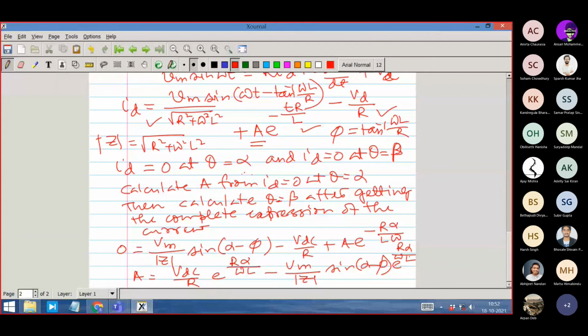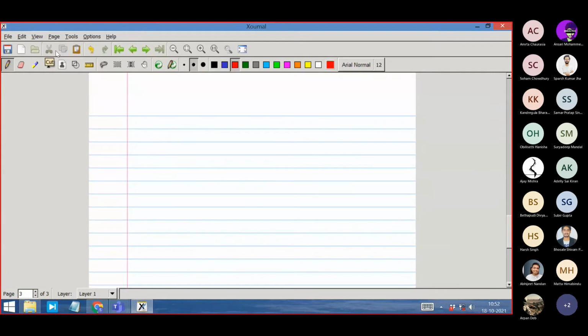Now I put that expression into the basic current expression. ID is equal to Vm by mod Z, I am just writing it again, sine omega t minus phi minus VDC by r plus VDC by r minus Vm by Z sine of alpha minus phi, whole into e to the power r alpha by omega L into e to the power minus r t by L. Right.